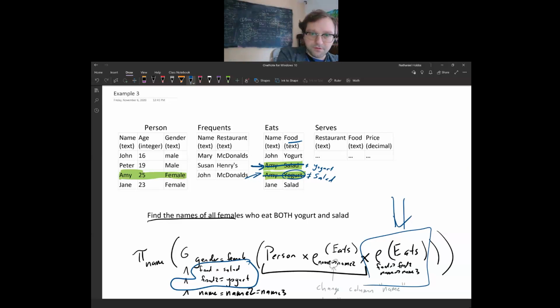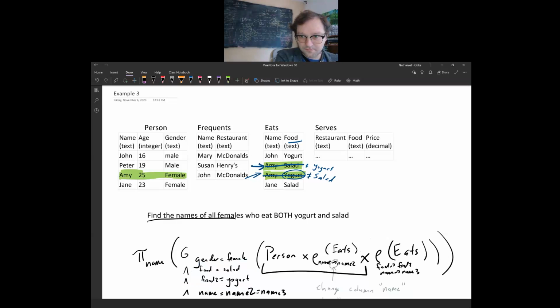So that would be maybe a way to make this one a little bit more efficient. But this is using the same kind of thinking as the last problem.